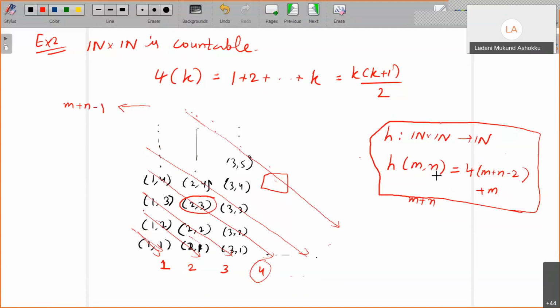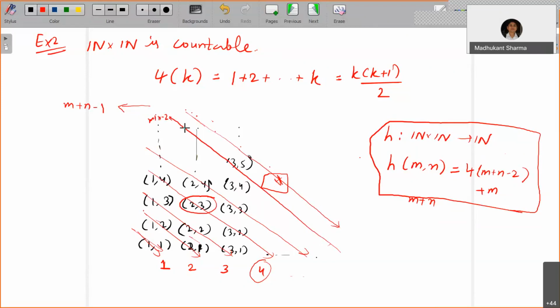Now, because you have to count till m comma n only, to finish counting the m plus n minus 2 diagonals, that can be given by the summation of 1 plus 2 plus and so on plus m plus n minus 2.